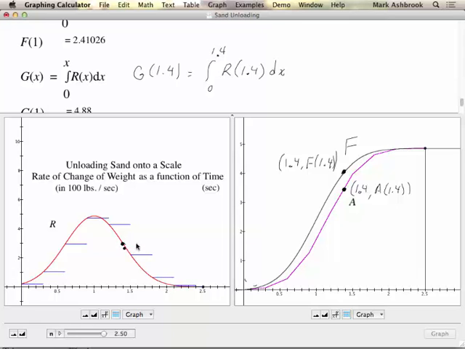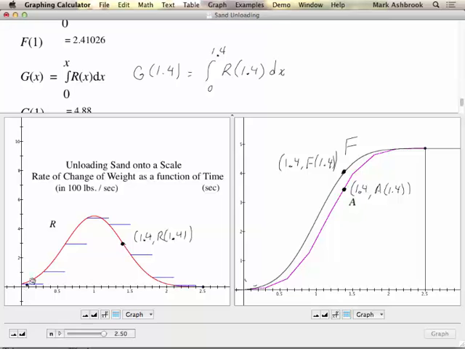Here's the point 1.4, R of 1.4, right? So what will this calculate, from 0 to 1.4 of what? This is going to be a bunch of little bits of accumulation, but based on which rate? The red rates?